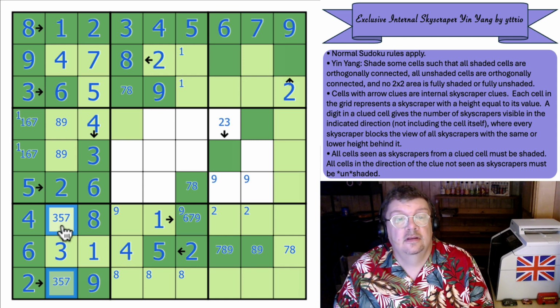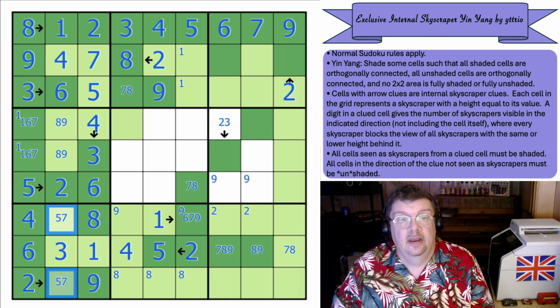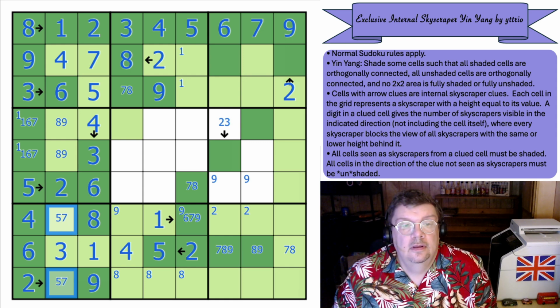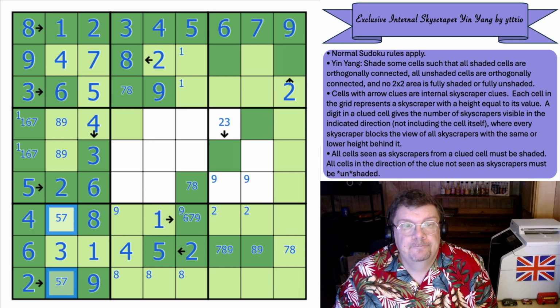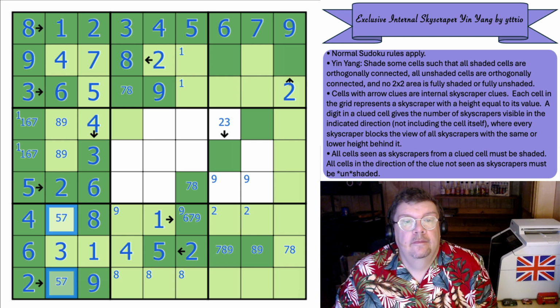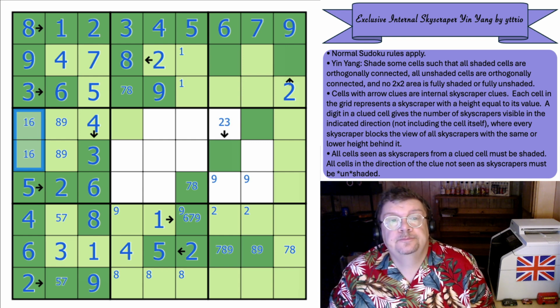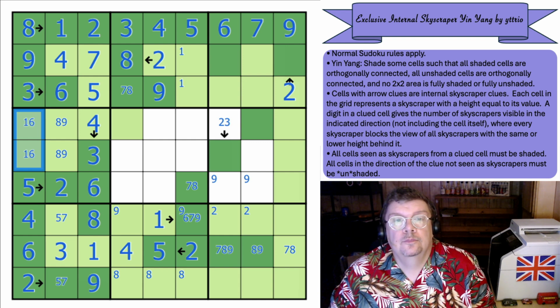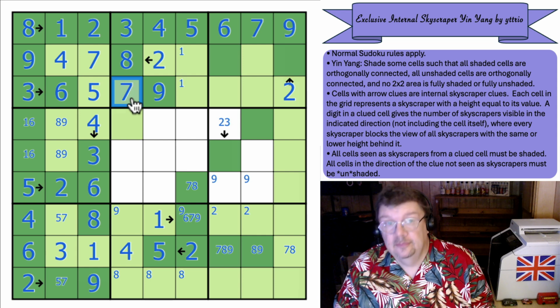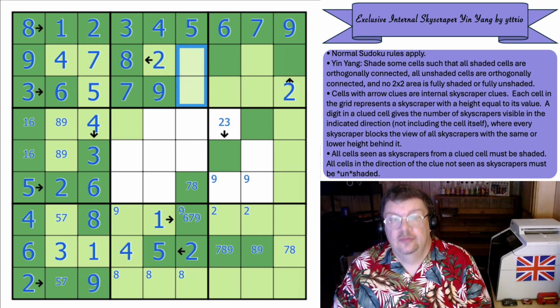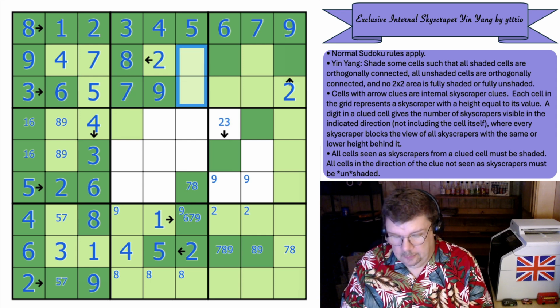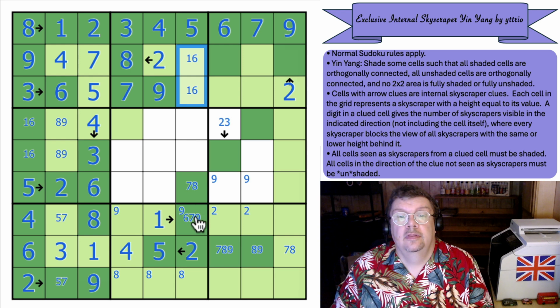That is now a 5, 7 pair. Okay. That's now a 1, 6 pair. That's a 7. That's a 1, 6 pair. That removes 6 as a candidate from there.